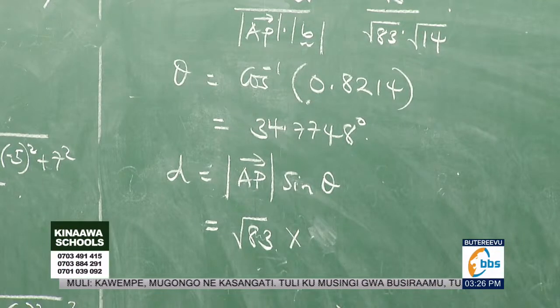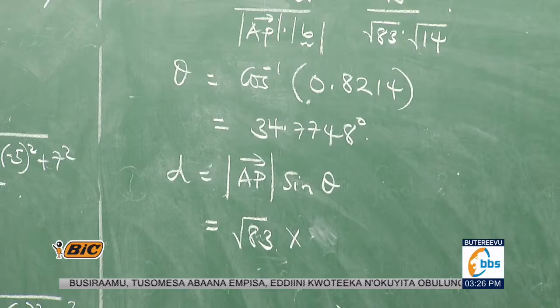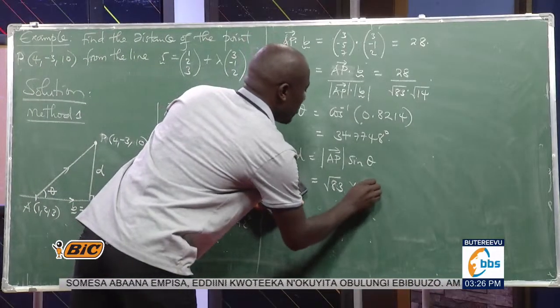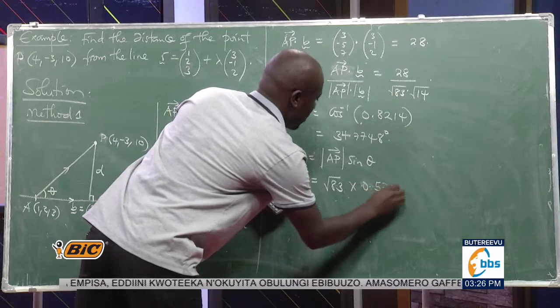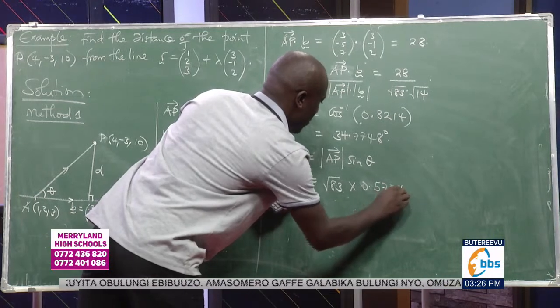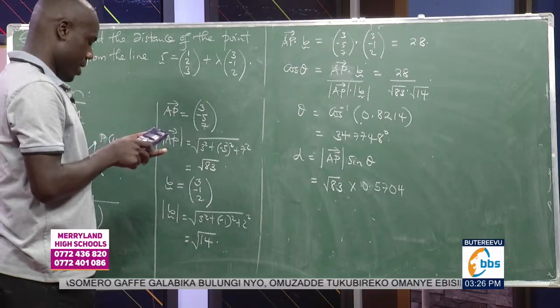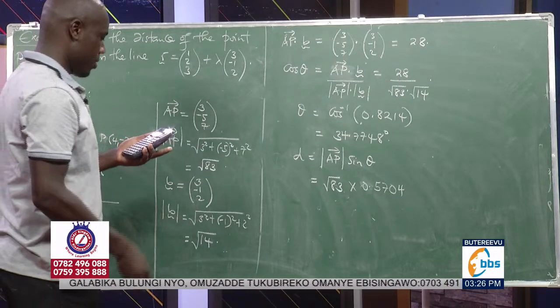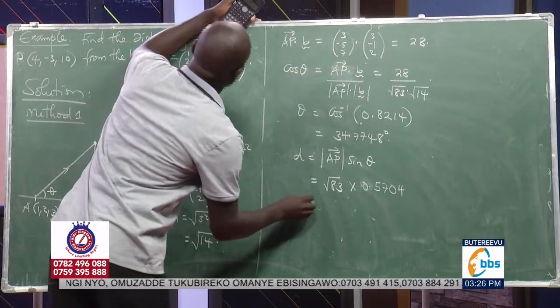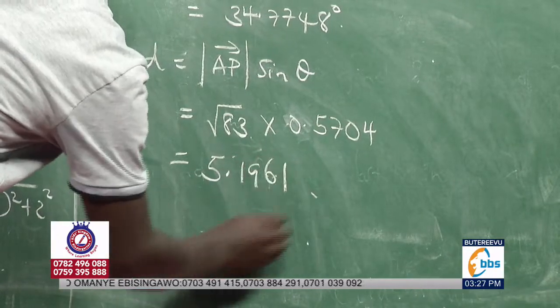So sine of theta is going to be 0.5703 if you round off. Times root of 83, this should give you something like 5.19661 units.